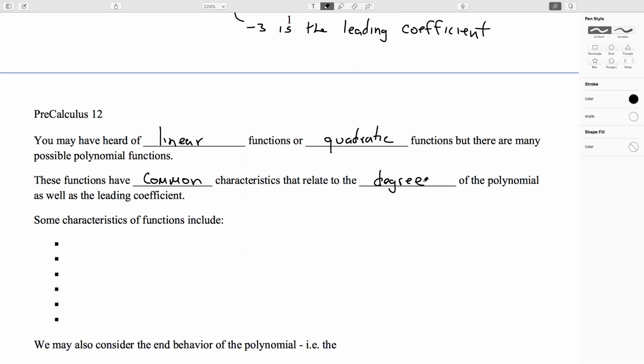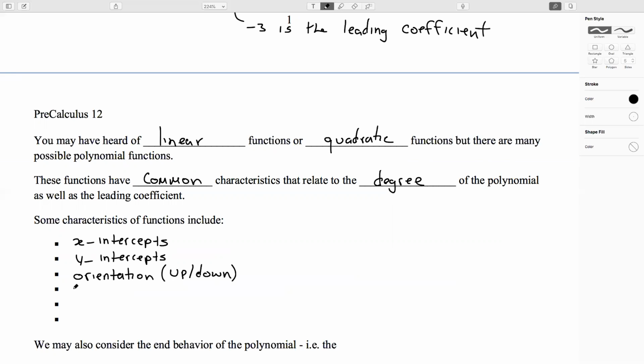So some common characteristics. One common characteristic is going to be the x-intercepts. Another is going to be the y-intercepts. The orientation. And when I say orientation, I'm talking about whether it opens up or whether it opens down.